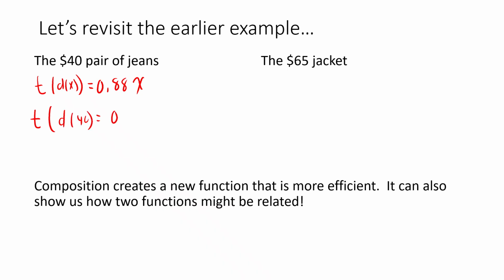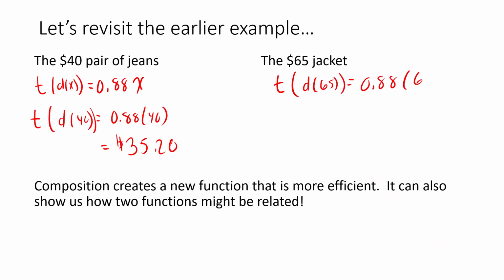So we have 0.88 times 40, which is 35.20. Okay, and we can do the same thing over here. We can say T of D of 65 is simply 0.88 times 65, which is 57.20.